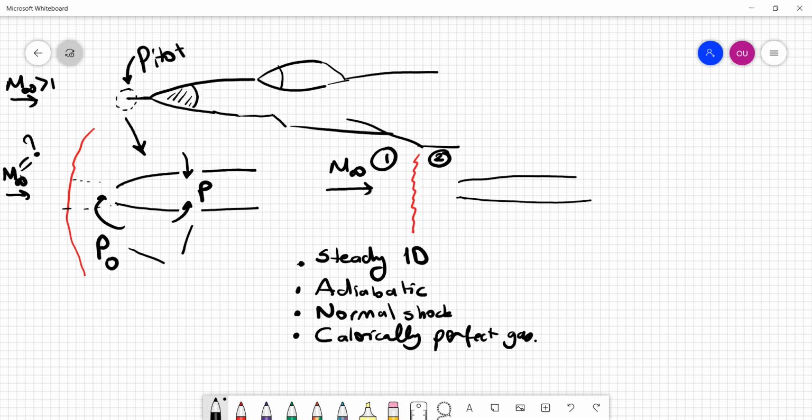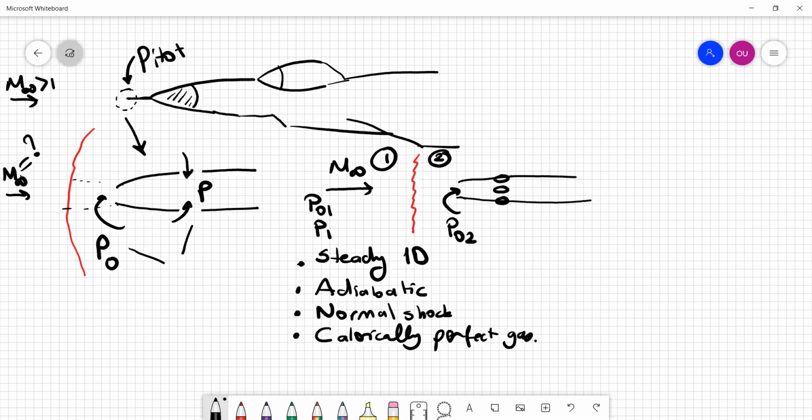We have a certain P01 and P1 before the shock wave, and we have a certain P02 after the shock wave, which is sensed by this front opening, and a certain static pressure after the shock wave, which is sensed by the side holes on the pitot tube.